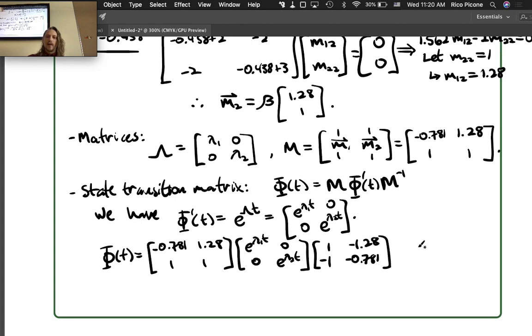And you divide it by the determinant of the original one. So that's negative 0.781 times 1 minus 1.28 times 1. And now it's just multiplying the matrices out, right?